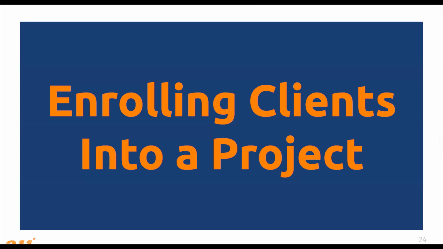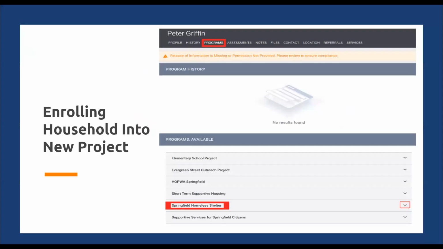Okay, so next we will be enrolling clients into a project. So now that we have Peter's global household set up correctly, we want to enroll Peter's household into a project. In this case, we will be using the Springfield Homeless Shelter.